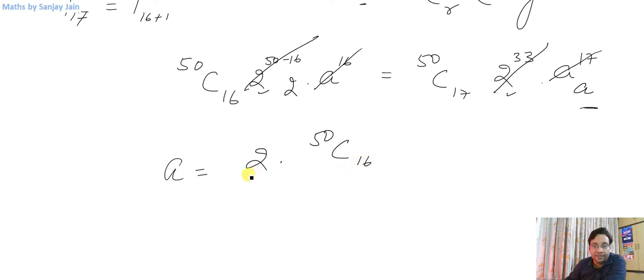50C16 divided by 50C17. This looks like a simple thing to calculate. Let's see how simple it is.